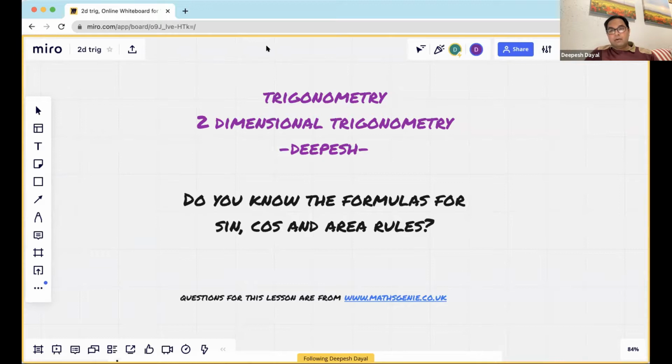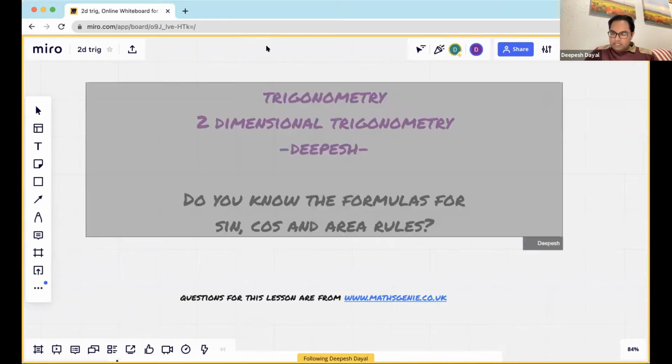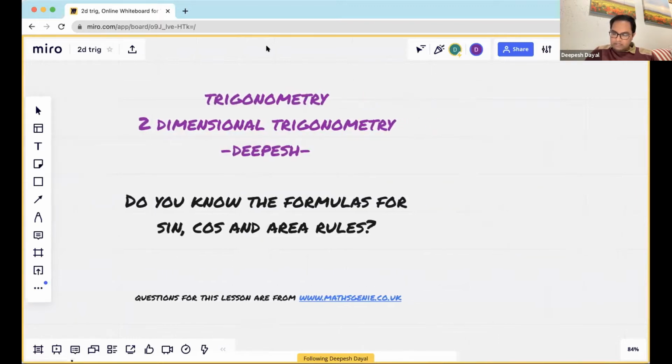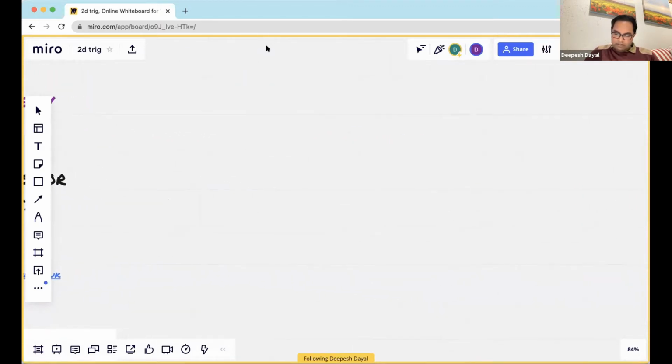So I'm going to write them all out and we're going to be drawing the diagrams from scratch and actually doing the whole thing, right? So let's do this. Let's look at the triangle. Let's draw the triangle.